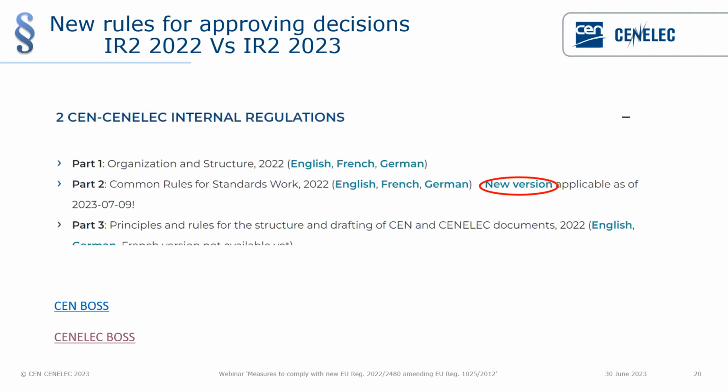If you go on CEN or CENELEC BOSS, you will notice that at the moment, for this transitional period, you will find the Internal Regulation Part 2, both the 2022 edition and the 2023 edition that will be applicable from 9 July, which is the date of applicability of the new regulation. So please, if not already done, take a look at the new version of Internal Regulation Part 2, in particular clause 6.